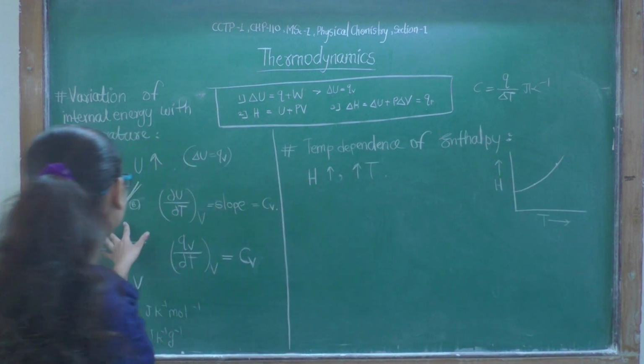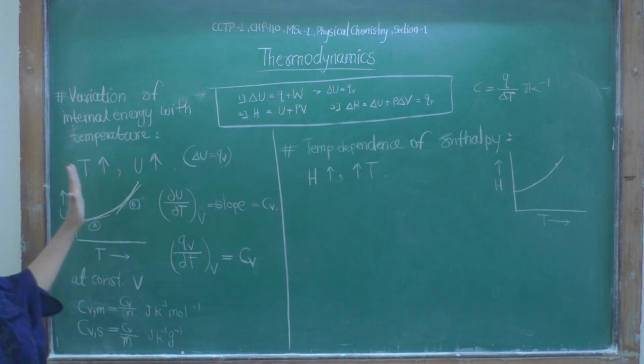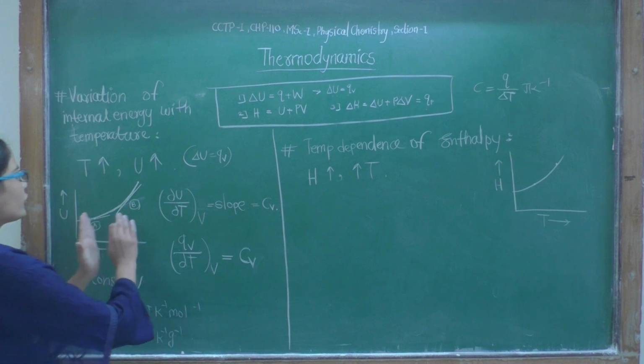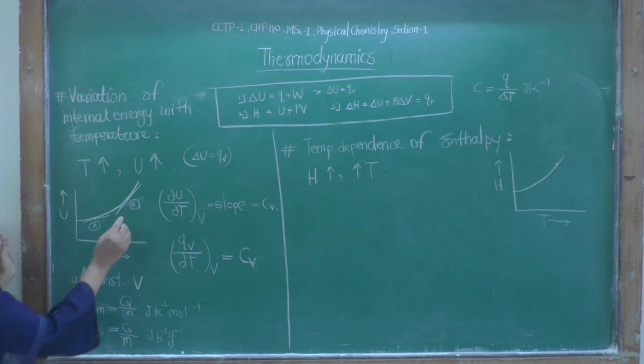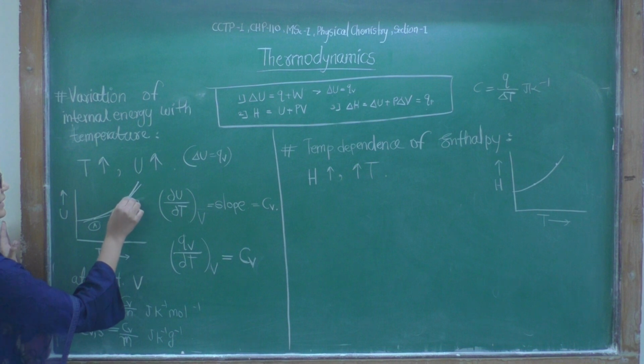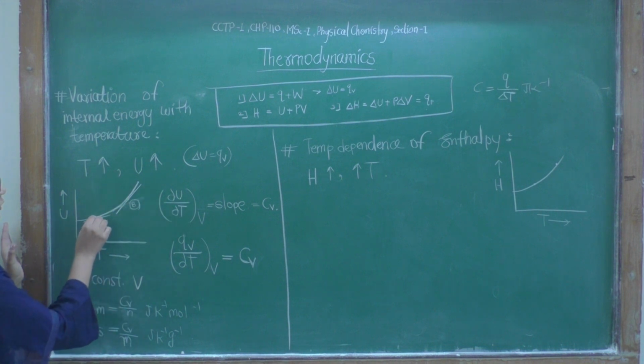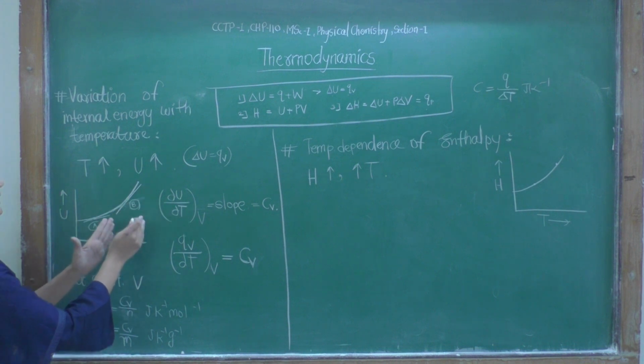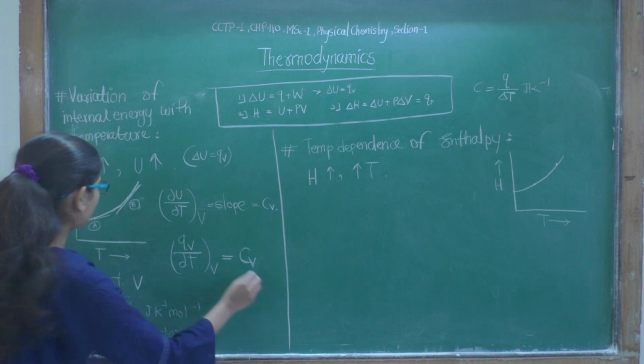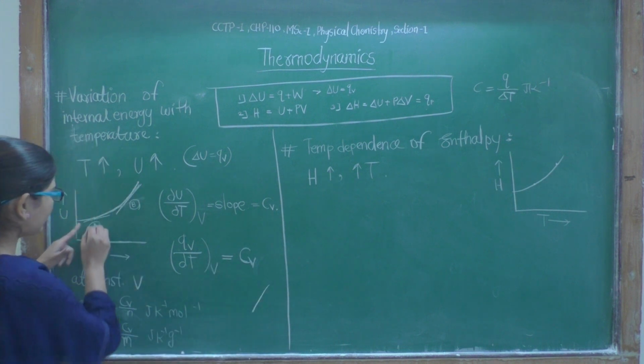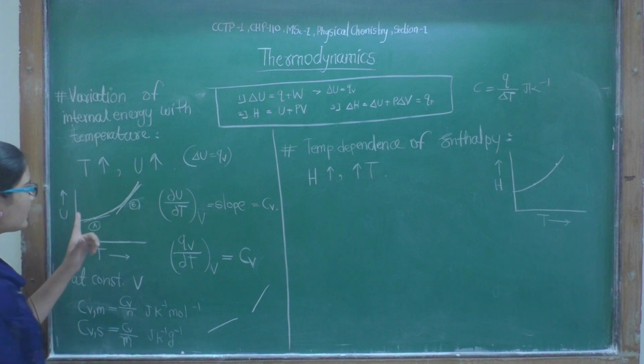From these points A and B, let's come here again. From this graph, what we see is the heat capacity, the slope of B and the slope of A. When we calculate, we see that the B line is like this and the A line is like this. Then which one has more slope?